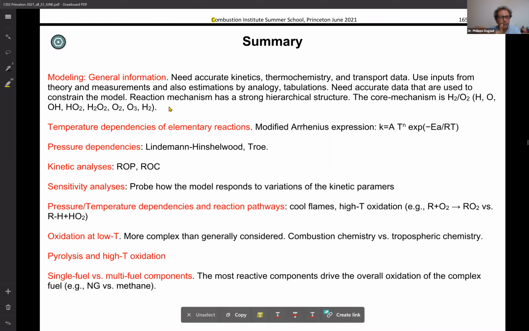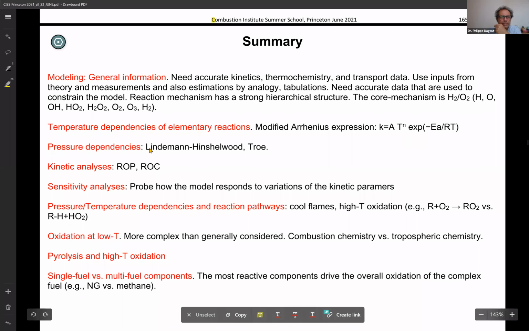We've looked at temperature dependencies of elementary reactions, and we've seen that this behavior doesn't always follow the simple Arrhenius equation, even the modified Arrhenius equation. If you remember, there were some reactions where the rate constant was decreasing with temperature and then increasing.